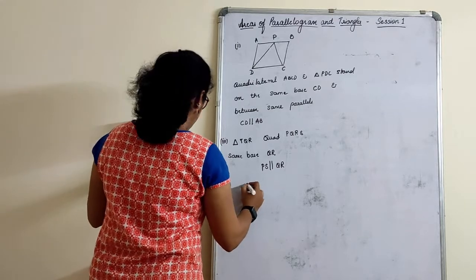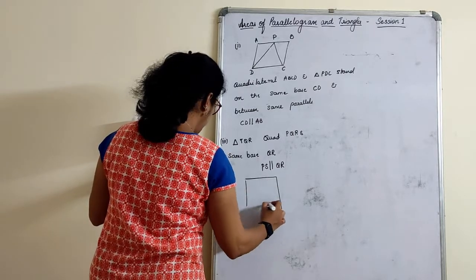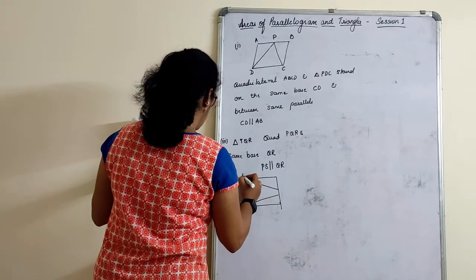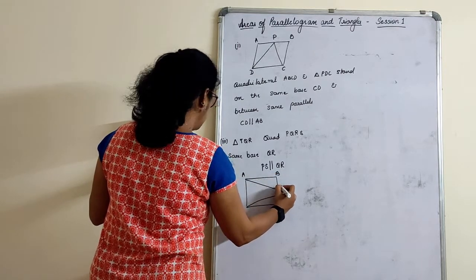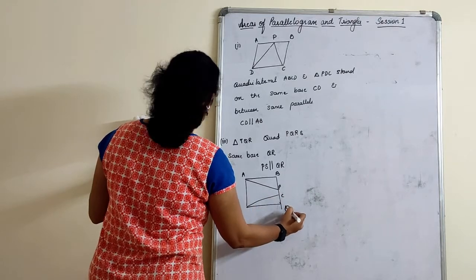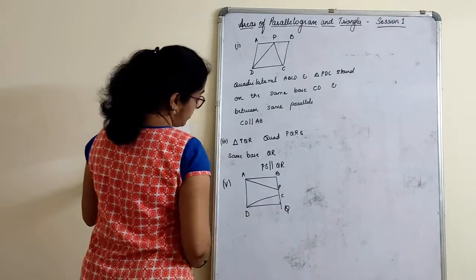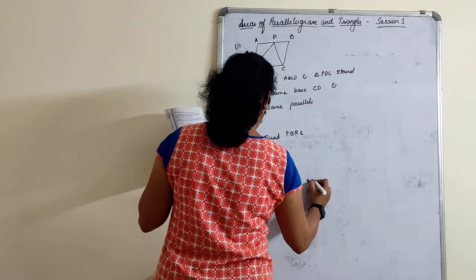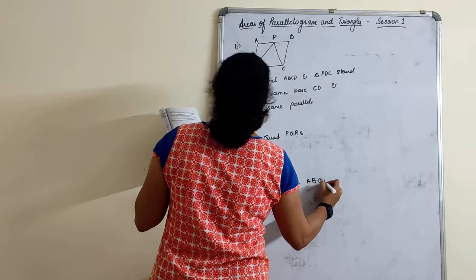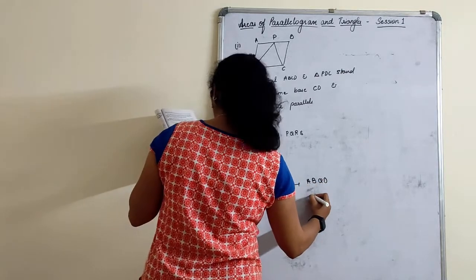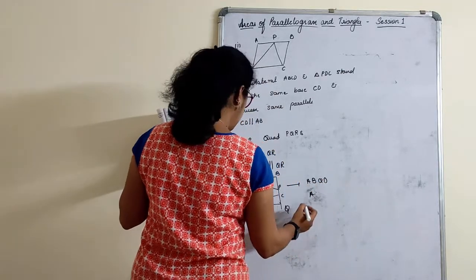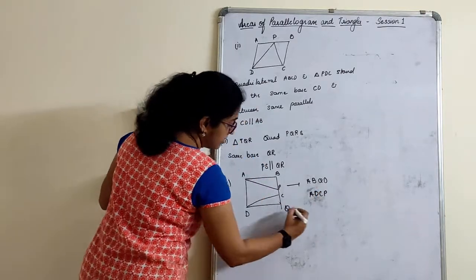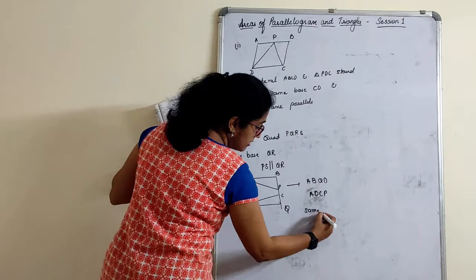The quadrilateral, if you go to see the figure, is like this, children. It is A, B, P, C, Q, D. So I can say quadrilateral ABQD and quadrilateral ADCP are standing on the same base.